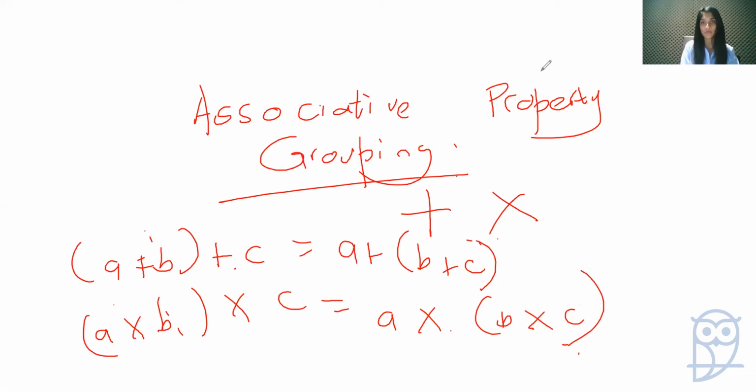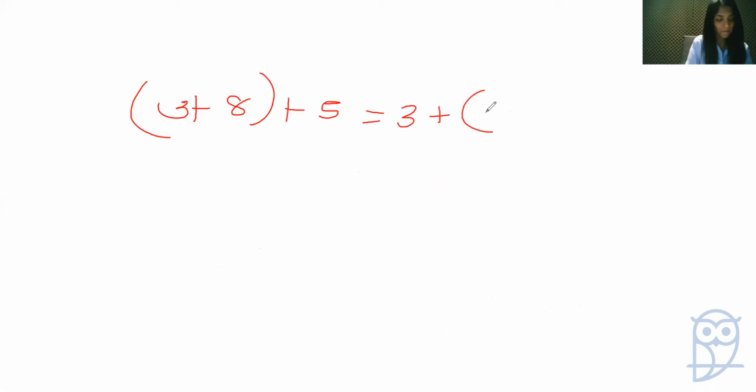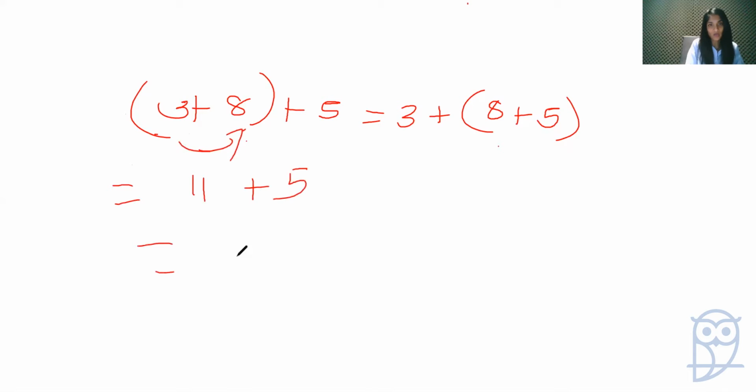Now I'm going to show you something. 3 plus 8 plus 5 is equal to 3 plus 8 plus 5, with the brackets in different places. We first need to solve the brackets. Firstly, 3 plus 8 is 11, plus the 5 is equal to 16.